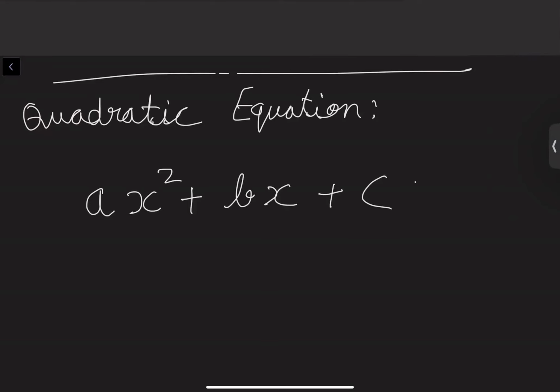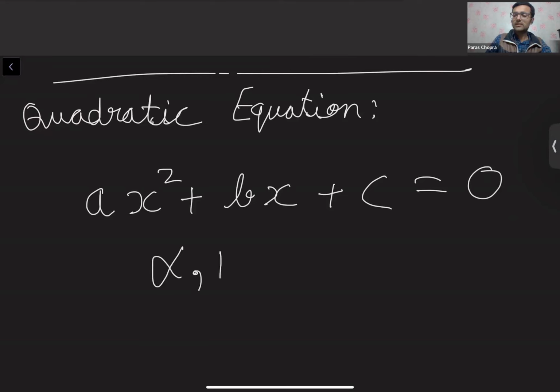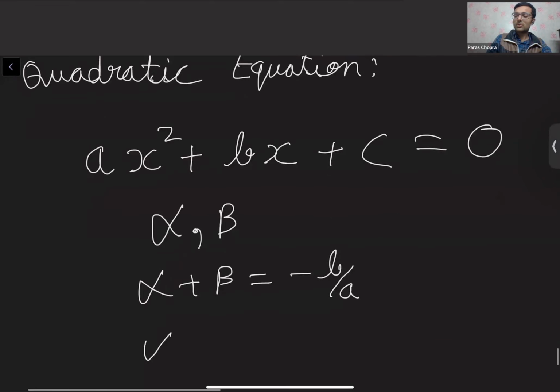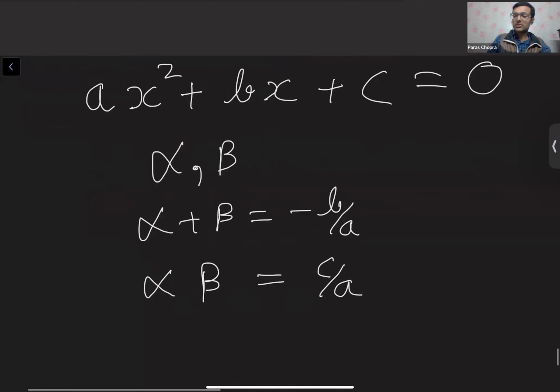You already know that it has two roots, alpha and beta, and the sum of its roots is equal to negative b over a. The product of its roots is equal to c over a. Okay. This you already know. And then we also know the formula for the roots.